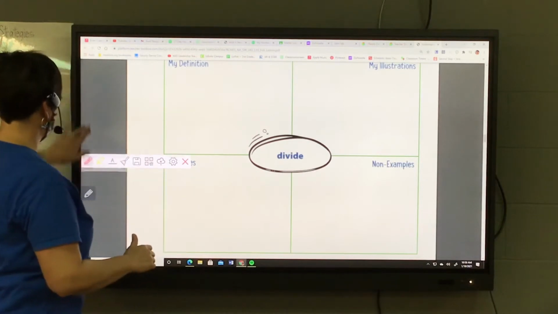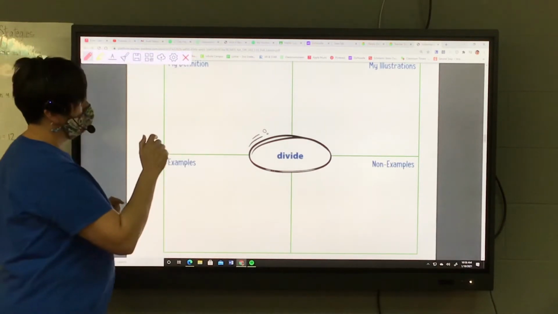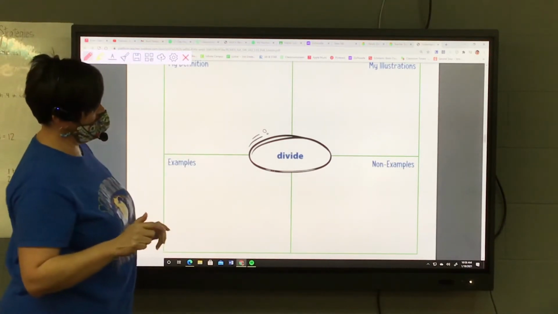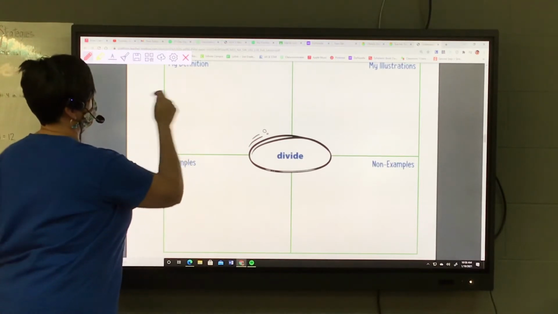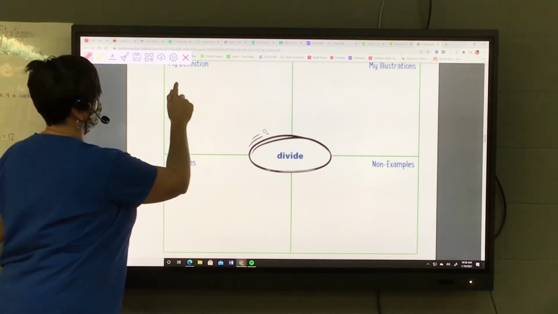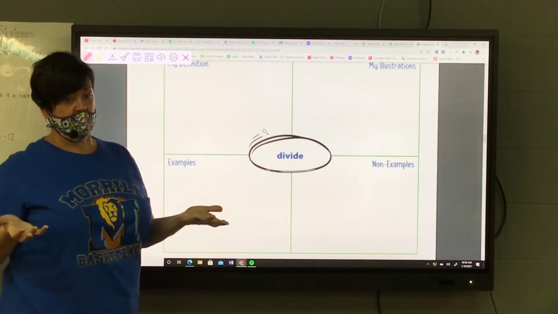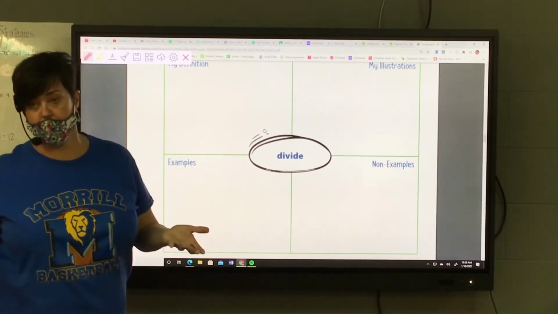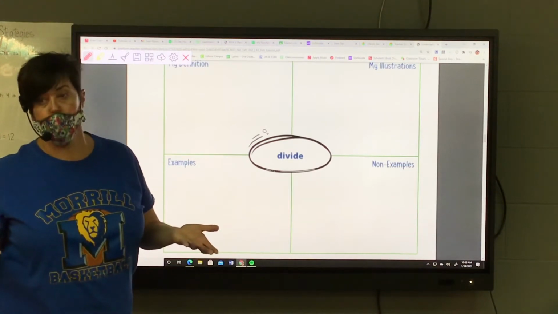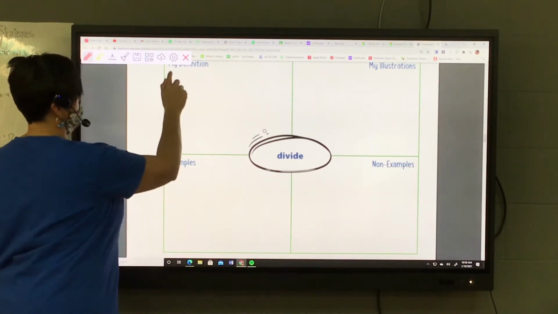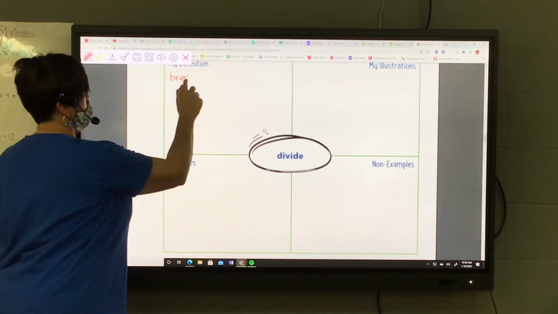Okay, so divide means to, let's say, break apart or separate. You can either use the word separate or break apart. Do you want me to write both of them?